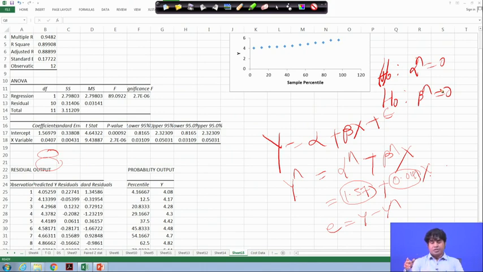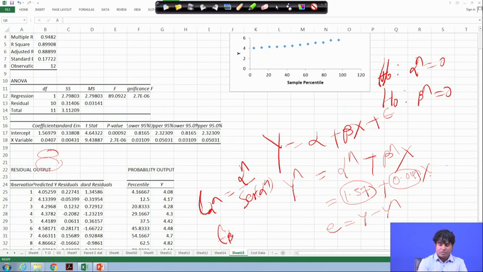So, that is one side of the game, and on the other side we have to report the calculated t statistic, which is t of alpha head, which is nothing but alpha head divided by standard error of alpha head, and then for t of beta head, it is beta head divided by standard error of beta head. So ultimately we need to calculate the standard error of alpha head and standard error of beta head, which is nothing but the square root of the variance of alpha head and the square root of the variance of beta head.